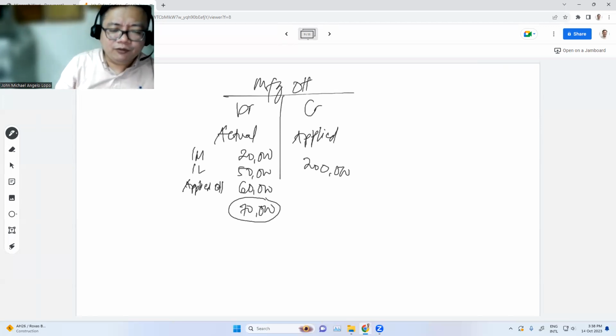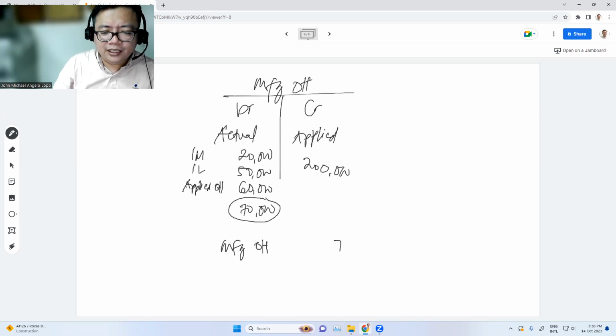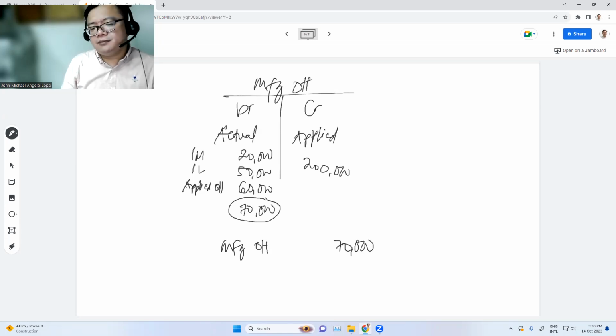Class, we debit manufacturing overhead. So we debit here our manufacturing overhead. How much is that, class? 70,000. Okay. Since this is over-applied, it means we over-applied. So what we will do here is reduce for the over-applied overhead. Meaning to say, debit manufacturing overhead of 70.